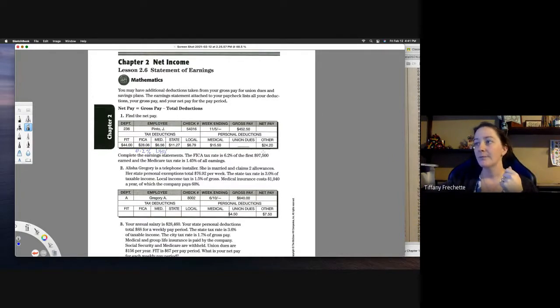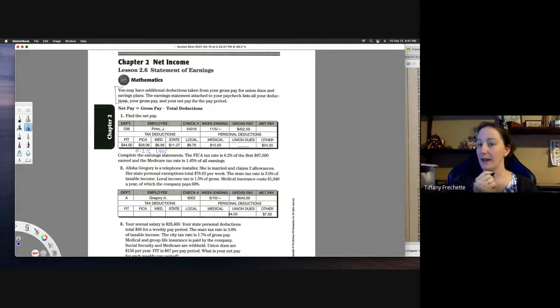Other, there could be all kinds of different reasons for other. There could be a health savings account that you're putting money into, there could be a retirement account, different things like that. So other can mean quite a few different things. They don't really explain that here. They just put other.